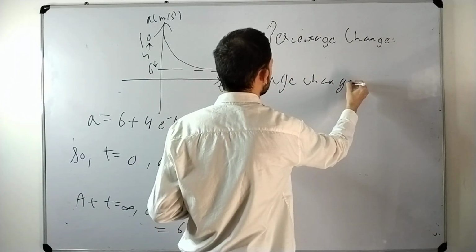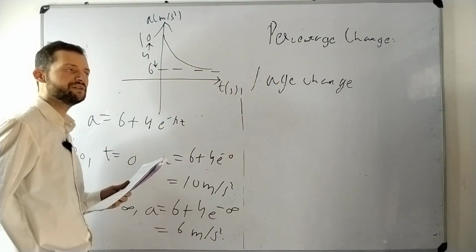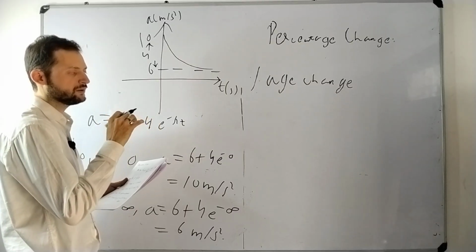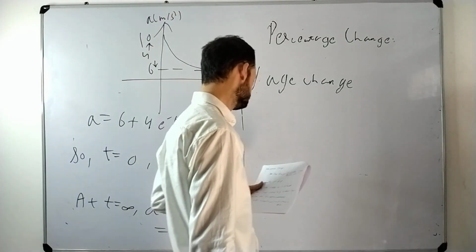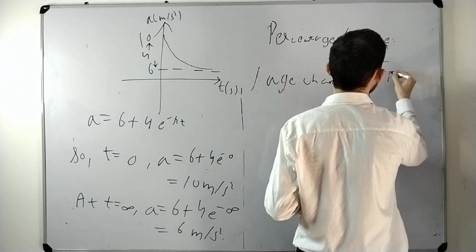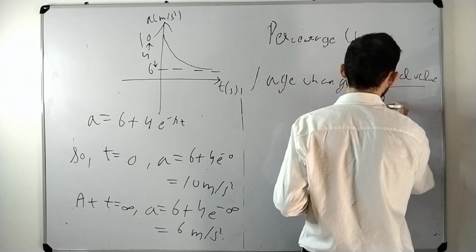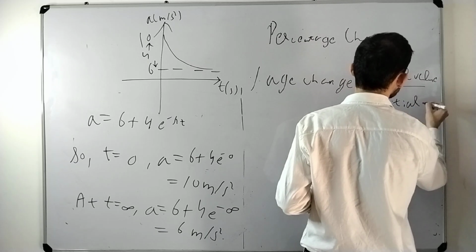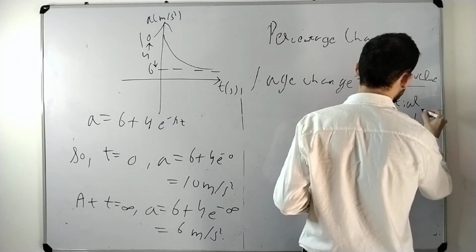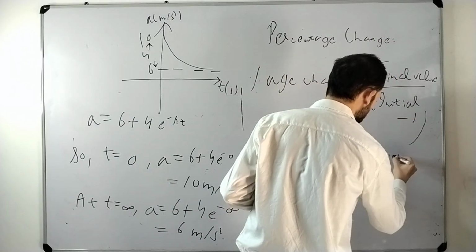A change in x value happens to cause change in y value also. So this becomes final value, this is initial value, minus 1, okay students, into 100.